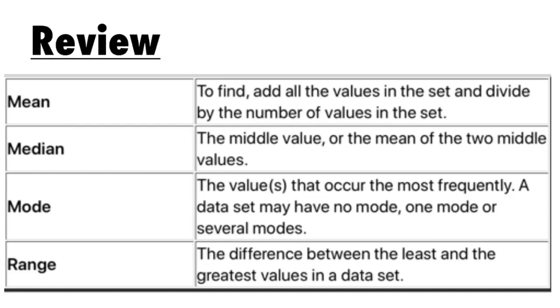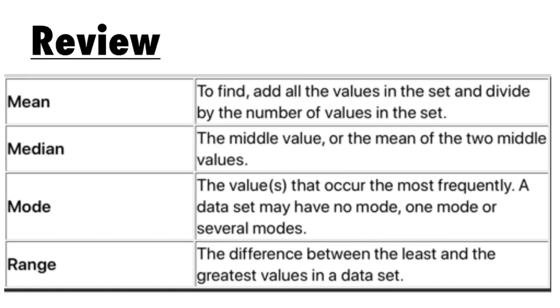So there are four central tendencies, and here next to these, just as a quick review, you have how to find each of these. Again, you should already know these four central tendencies and how to find them. This is just a quick review.